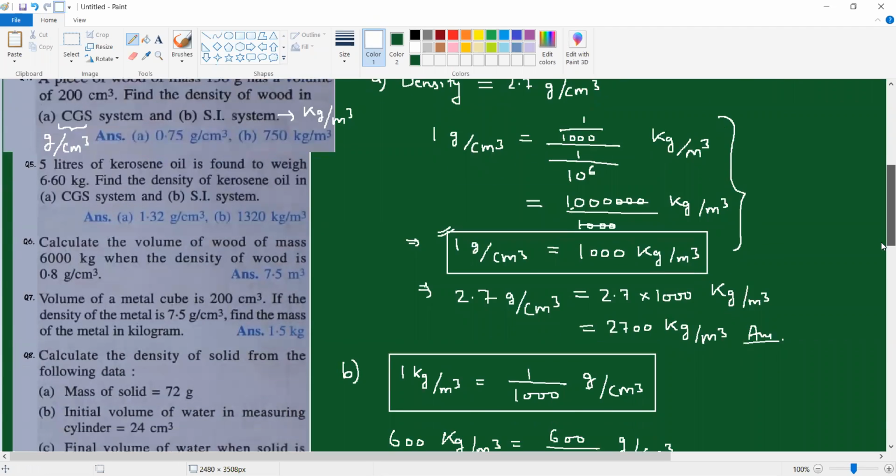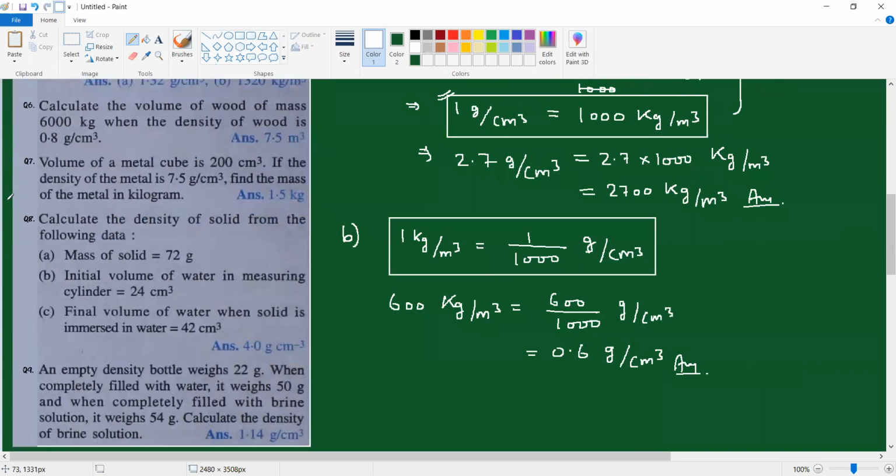Question number 6 was also asked. Calculate the volume of wood of mass 6000 kg when the density of the wood is 0.8 gram per centimeter cube. See, here the unit of mass given is in kg and the density is given in gram per centimeter cube. First, we have to convert this gram per centimeter cube into kg per meter cube by multiplying it by 1000.